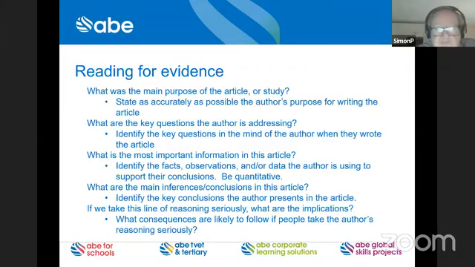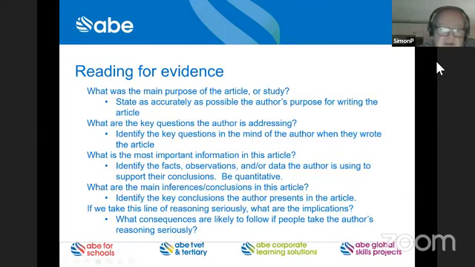So what are the main inferences and conclusions? And does the data that has been provided as supporting the particular argument actually do that? Is the author guilty, for example, of setting up what we call a straw man, so a non-problem, in order to be able to refute it or break it down particularly easily?